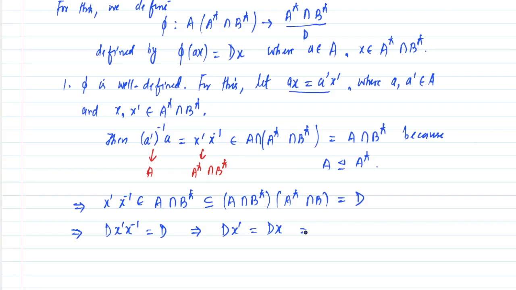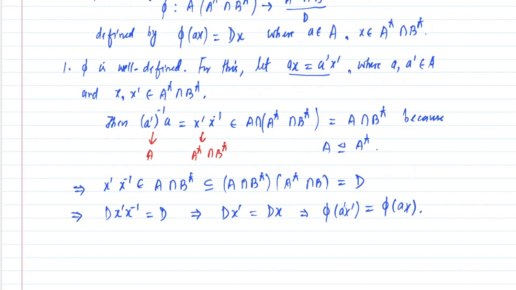But the left-hand side is the definition of pi of ax dash, and the right-hand side is an expression for pi of ax. So if we choose two elements ax equal to a dash x dash, we obtain pi of ax dash is equal to pi of ax. Therefore the mapping pi is a well-defined mapping.